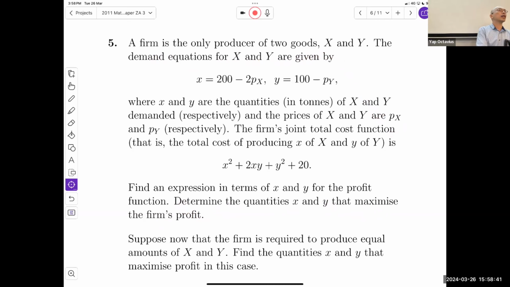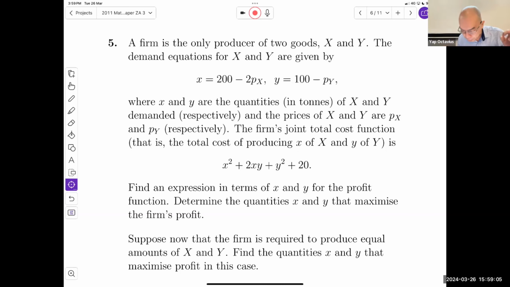Now that you have good X and good Y, your total revenue comes from the total revenue of X plus the total revenue of Y. That's the only difference. Then the total cost function they give you already, so you don't have to bother. So let's structure it and find out what our total revenue and total cost are.